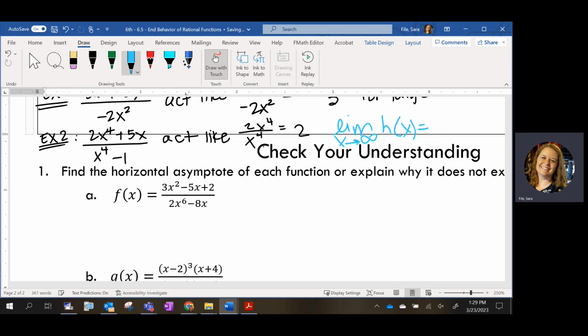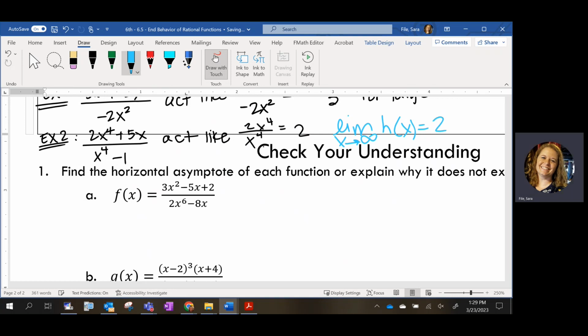Y equals 2. It's horizontal or vertical? If it's y equals 2, it's horizontal. It goes through the y-axis, right? So we have a horizontal line at 2. So what are the ends approaching? 2.